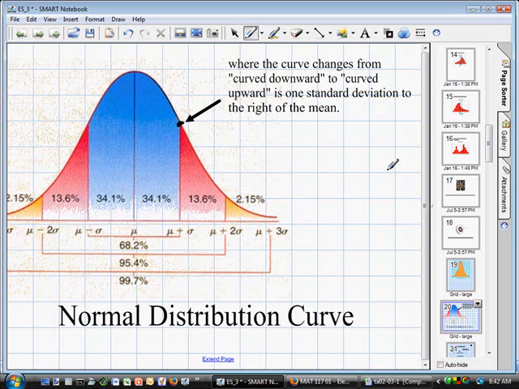And if you go 1, 2, 3 standard deviations to the right and 3 standard deviations to the left, you basically have, I don't know, 99.98% of the data. So all I need is 3 either way, and I got everything. So at least you have a feel now, a little bit more, for what a standard deviation is. It's that turning point.